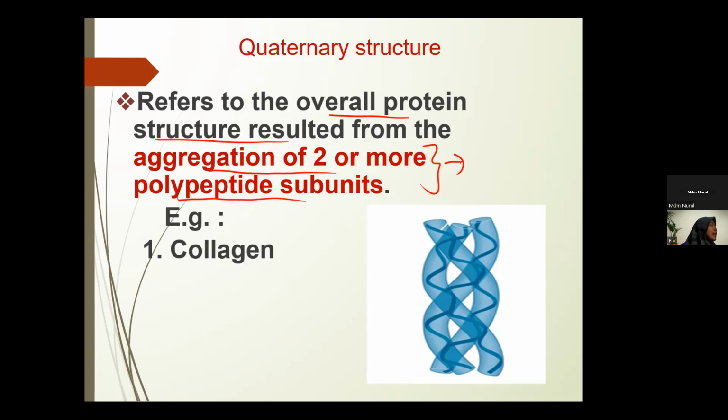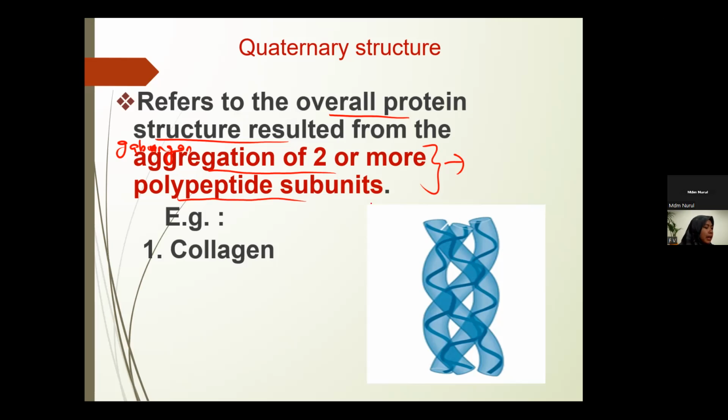What does it mean by aggregation? Aggregate. Apa itu aggregate? Gabungan. Gabungan daripada dua atau lebih polypeptide subunit. Kalau tertiary tadi? Satu. Yang ini mungkin 2, 3, 4 dan sebagainya. Okay, right. Aggregation of two or more polypeptide subunit.